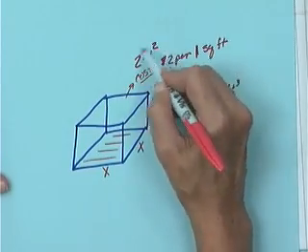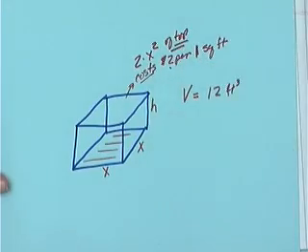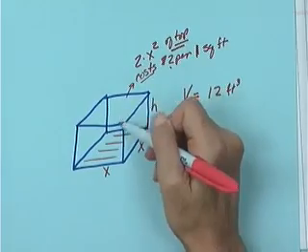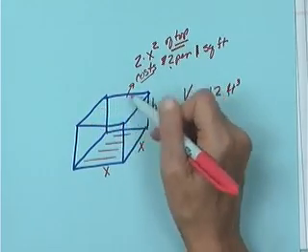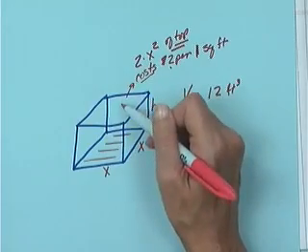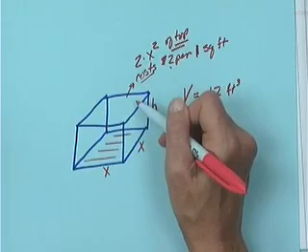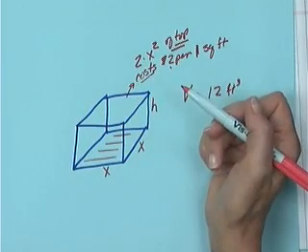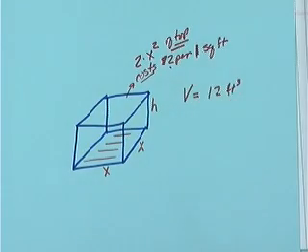So the cost of the top: it's $2 for 1 square foot, and I have x squared square feet. Just like if it were a 3 by 3, I would have 9 square feet, 9 times 2. I have x times x square feet times 2. Is that clear?